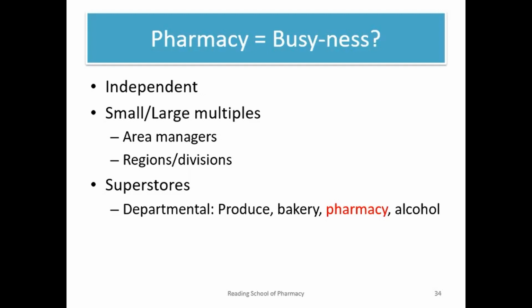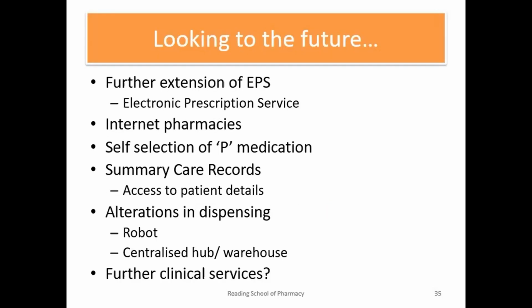So if the pharmacy has had a poor month, the other departments can sometimes rally together and ensure that the store overall produces profit. So there are multiple different business models going on, and it's something we need to be mindful of. So going further, what else is happening in the future?